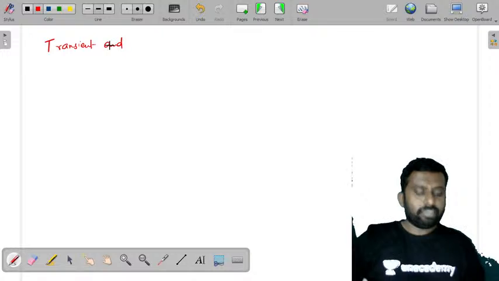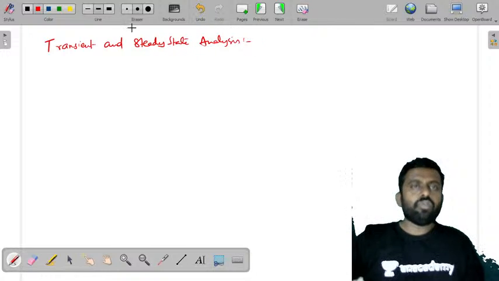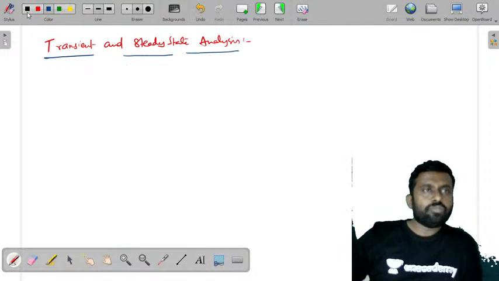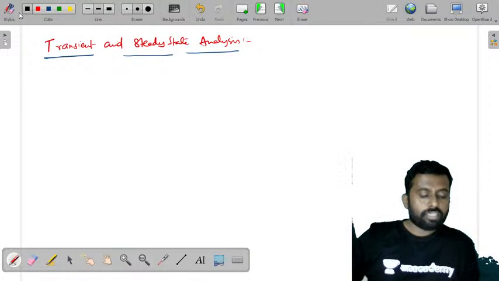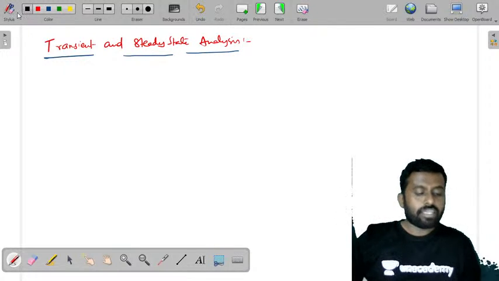What is this transient and steady state analysis? Let us assume that there are some energy storage elements present in the circuit.